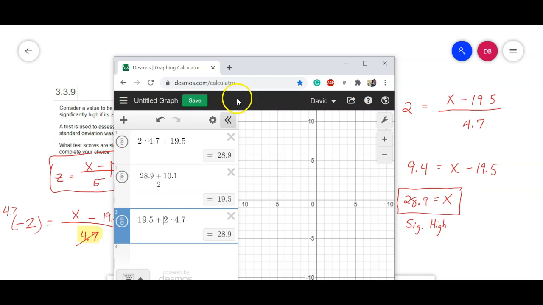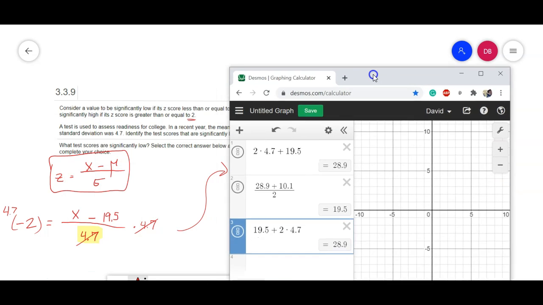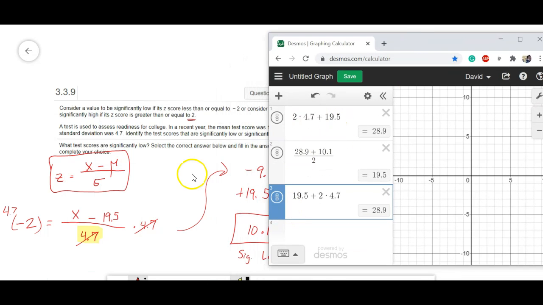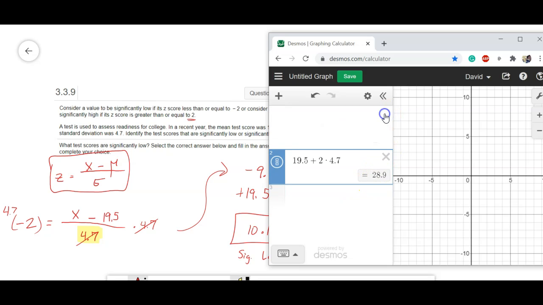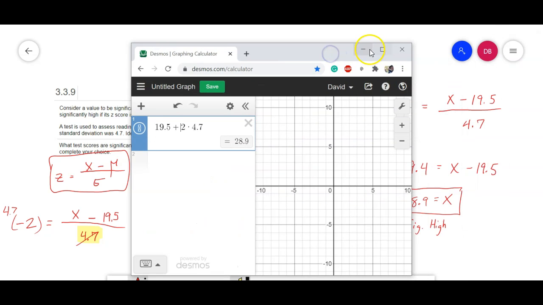Another way you could have done it, instead of going through the algebra, is to take your mean, subtract 2 standard deviations, and add 2 standard deviations. That's another way to think through that problem.